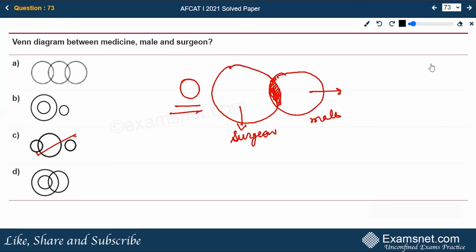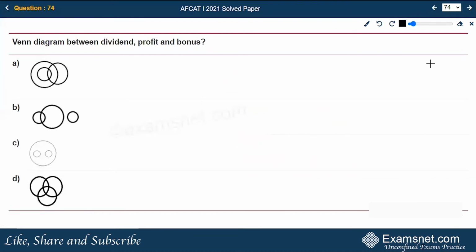Next, question number 74. Venn diagram between dividend, profit, and bonus is which of these options? Dividend and bonus are both a type of profit that the employee enjoys.